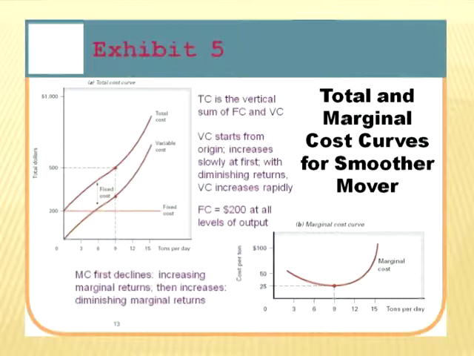Now I ask you a question: is that the level we want to produce at? And the answer is, we don't know, because we only know what the costs are. We don't know what the revenues are. And remember that profit is always equal to total revenue minus total cost.